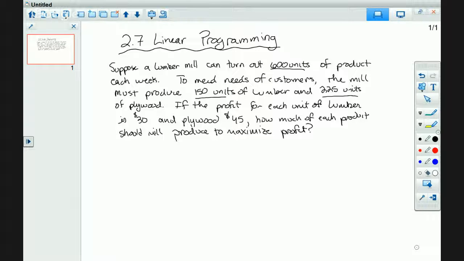First thing you have to do is define your variables. This comes usually in the question part. So what are my variables going to be? If you're looking at the question that you're actually asked, how much of each product should the mill produce to maximize profit?